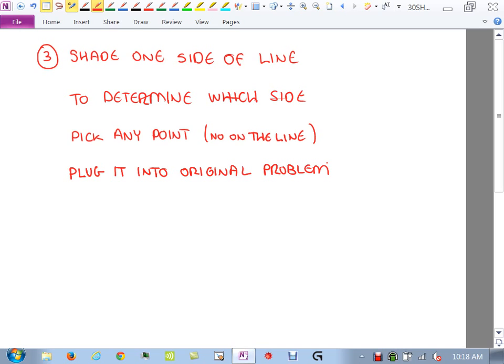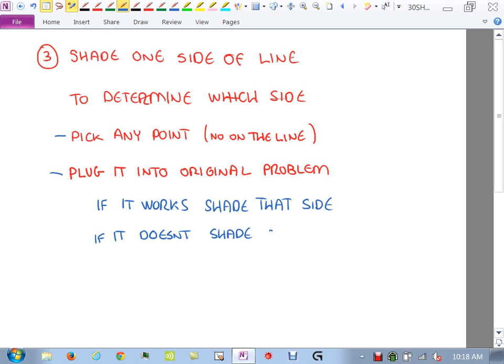So I'm just going to write that out, okay? So I'm going to determine which side of the line, I pick any point, I plug it into the original problem, right? If it works, shade that side. If it doesn't, shade the other side.